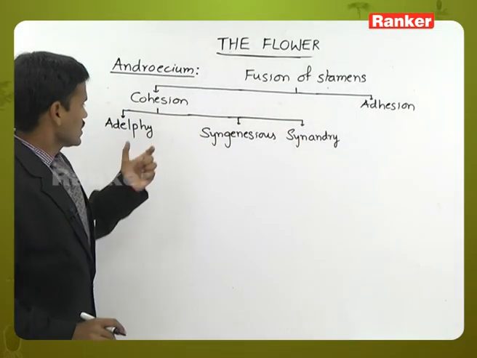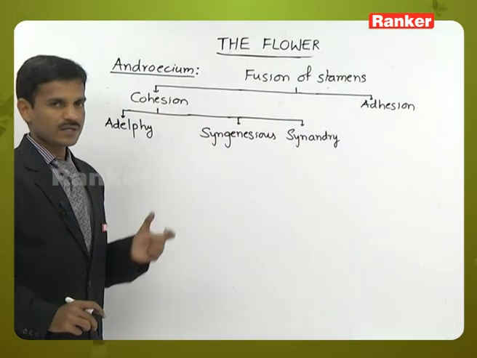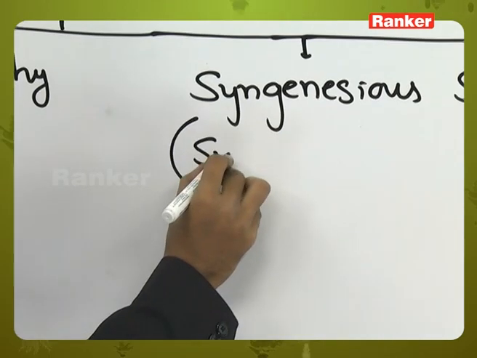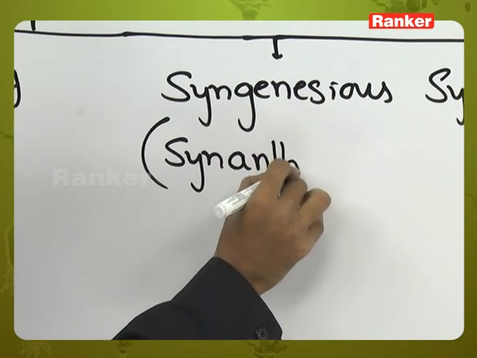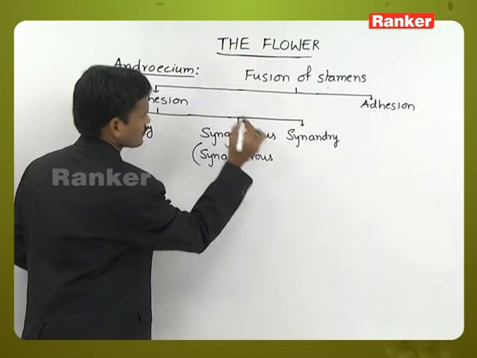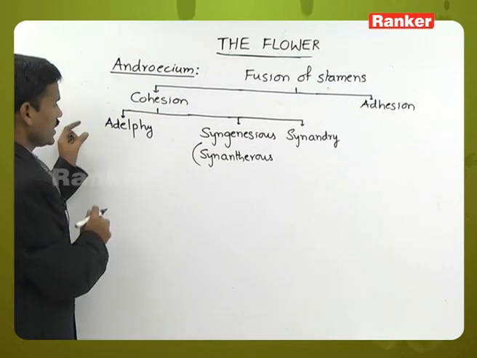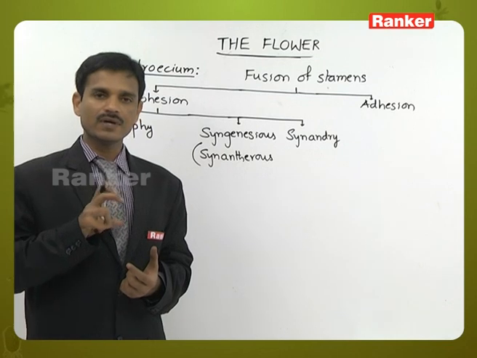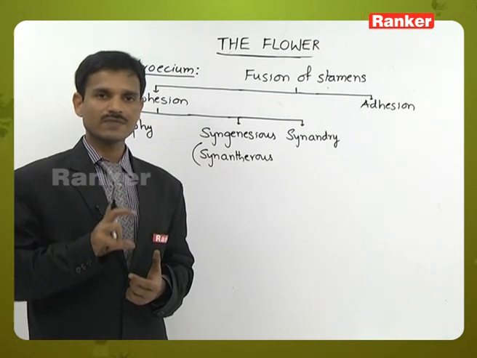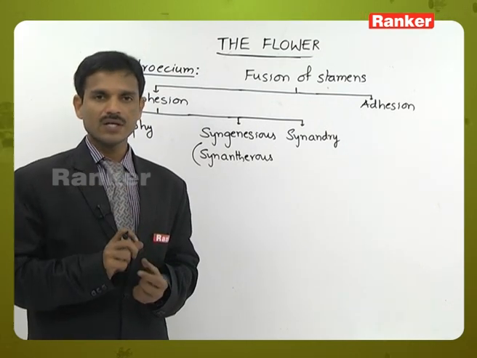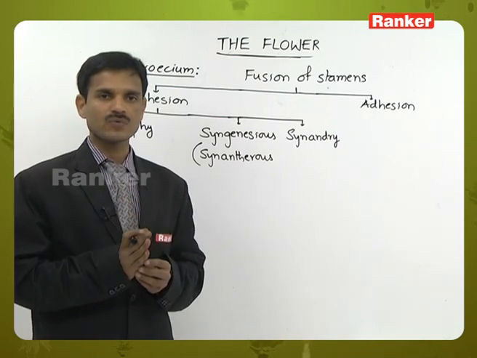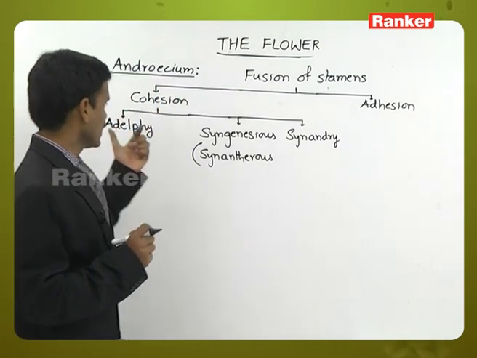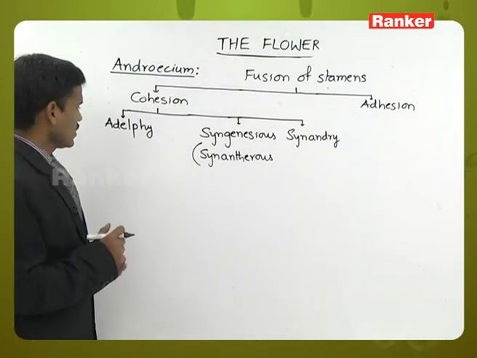So Adelphy, Syngenesious, Synandry are the three types of cohesion. Syngenesious is also called Synantherous. What is Adelphy first? A stamen has two parts, filament and anther. In Adelphy, only the filaments are fused, not the anthers, leaving the anthers free.